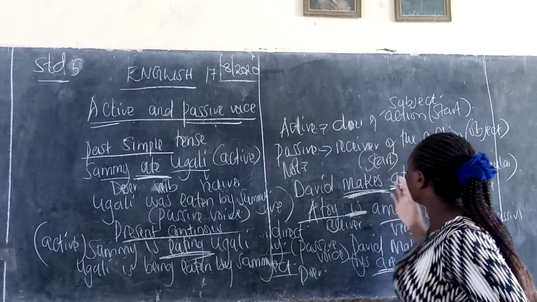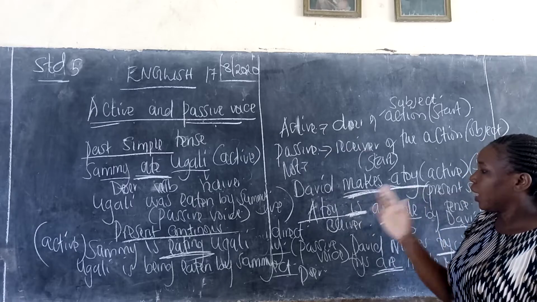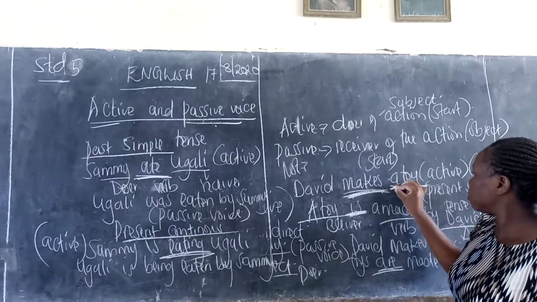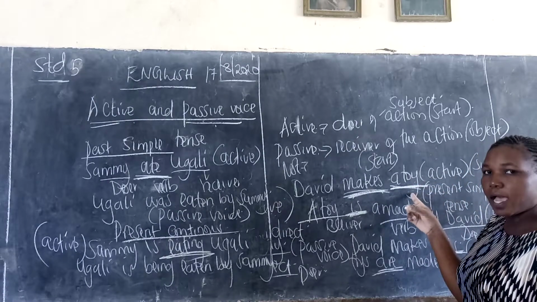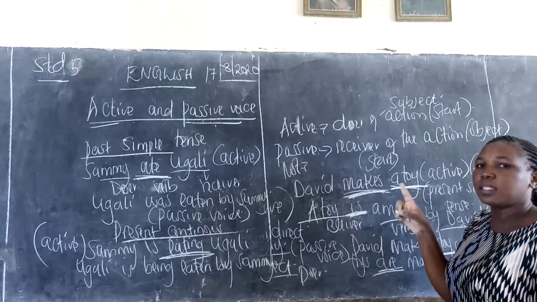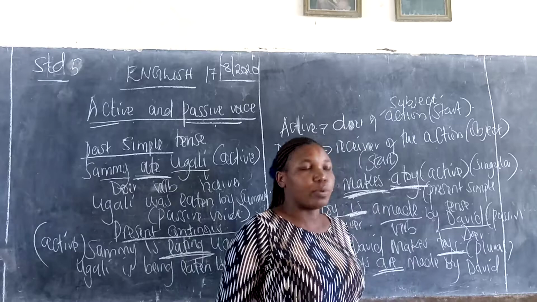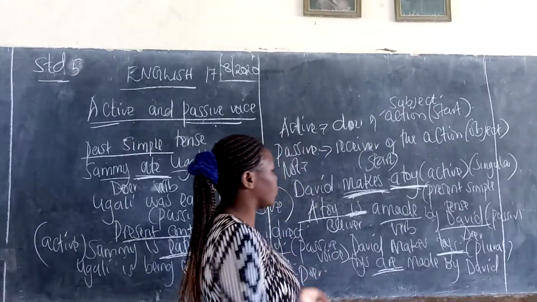So here we are seeing different sentences. David makes a toy. A toy is made by. Remember to always look at the ending of the sentence. Is the receiver singular or plural?